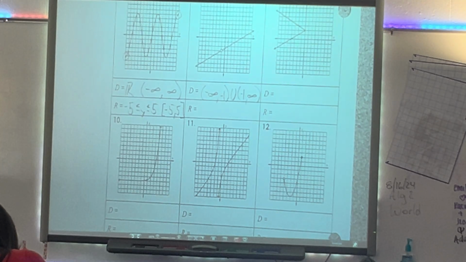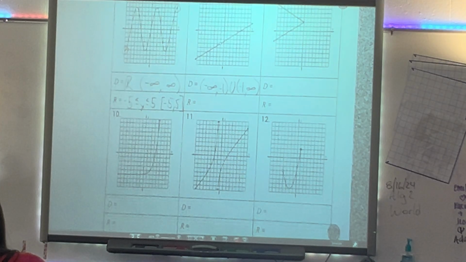If we wrote the inequality, we would also have to write it as a union: x is less than -1, union with x is greater than -1. Does that make sense? Or you could just write x is not -1. It depends on how it's asked of you.